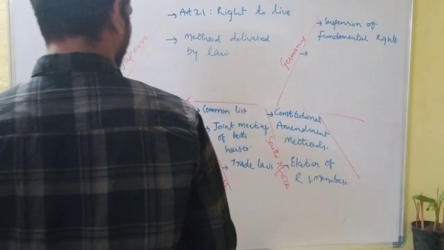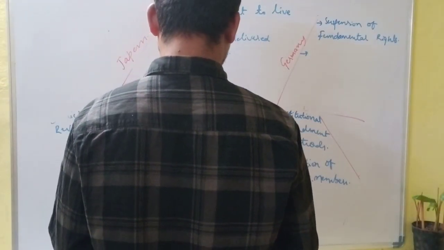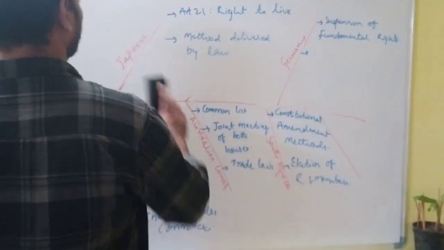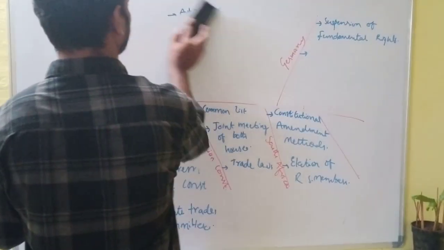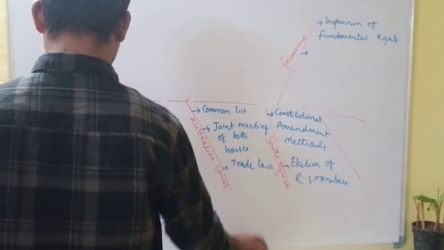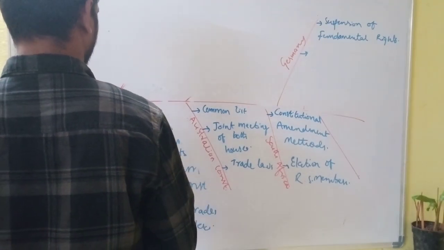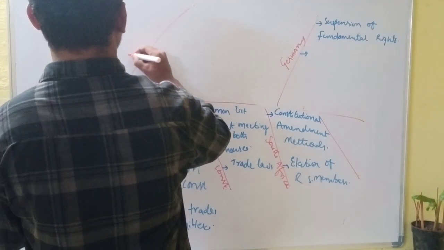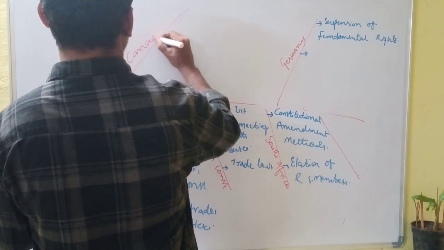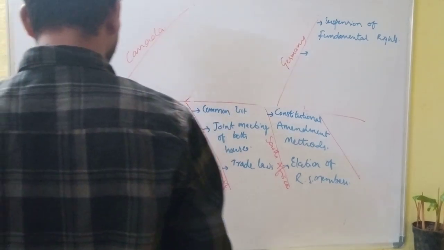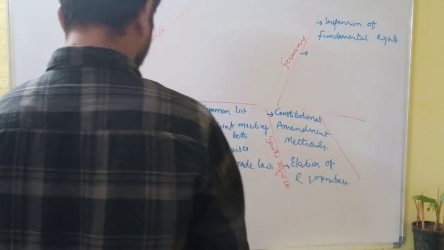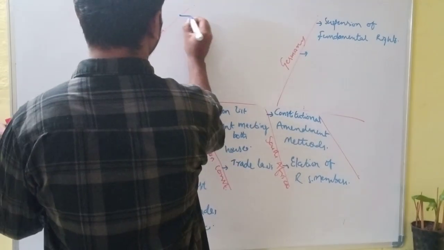Now coming to Canada. What are the provisions we have taken from Canada? One is residuary powers.